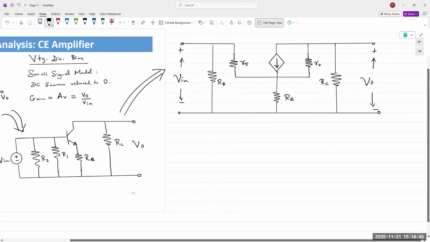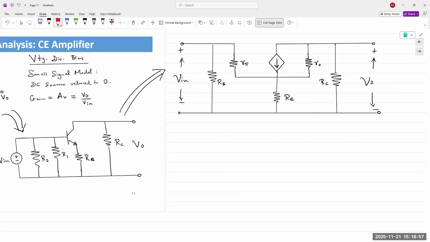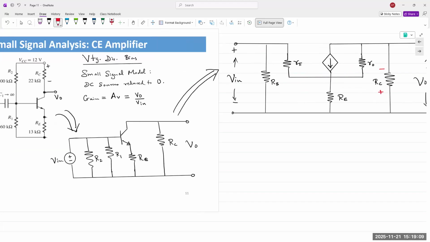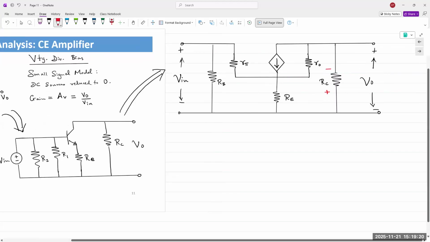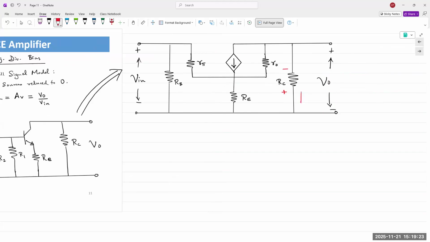So as I was saying, the voltage across RC would be in this direction. Current is actually flowing in the opposite direction, because the current would actually be coming from the top like this. But because we use a small signal model, RC is now connected to ground on the other side, and so current is actually going up.